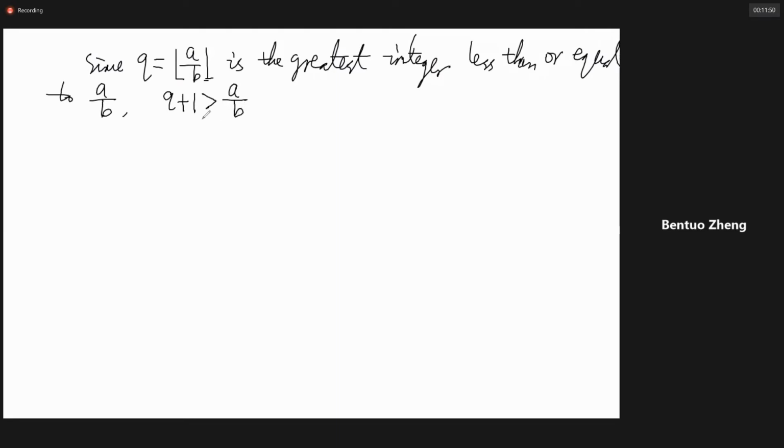Because if q plus 1 is less than or equal to a over b, then q cannot be the greatest integer less than or equal to a over b. So what we get now is that q is less than or equal to a over b, but greater than a over b minus 1. The left-hand side comes from here. This tells you q is greater than a over b minus 1.